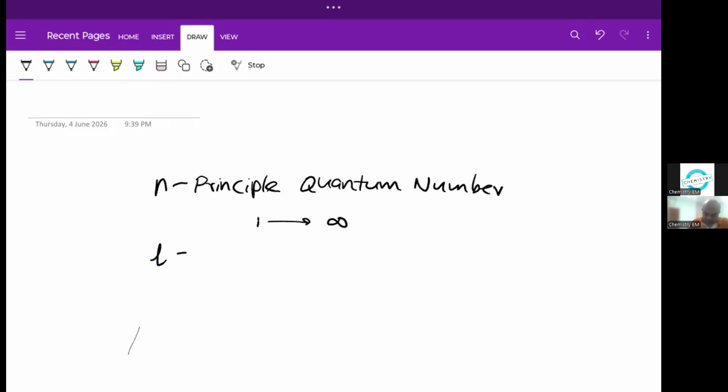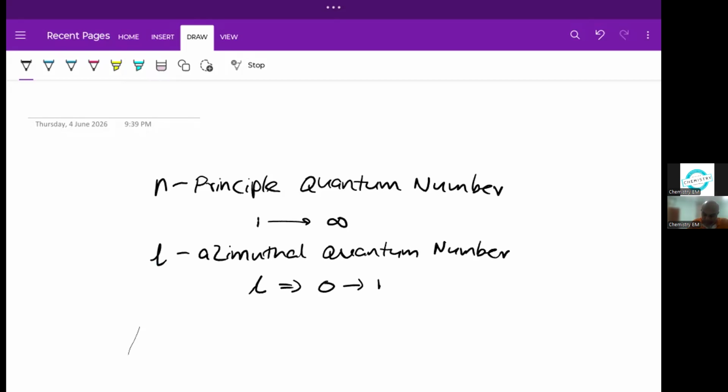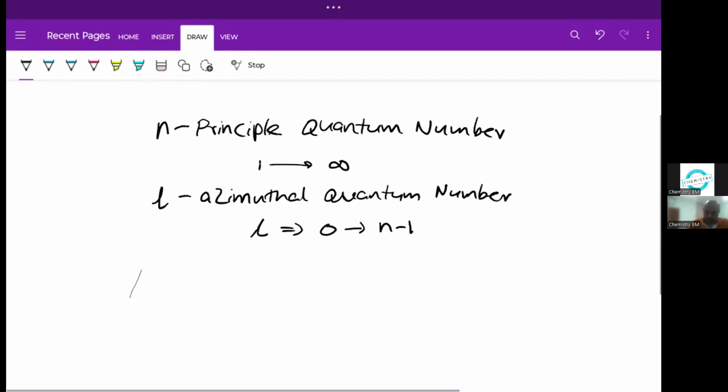Then we have azimuthal quantum number. Sometimes this is called as magnetic quantum number as well. So L values are varying from 0 to n minus 1. Right?